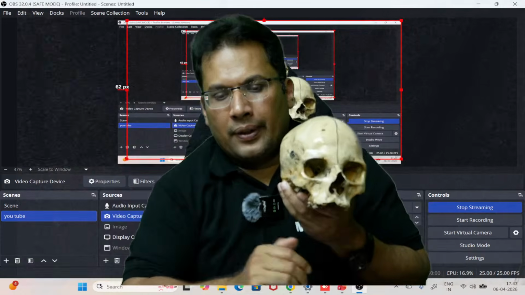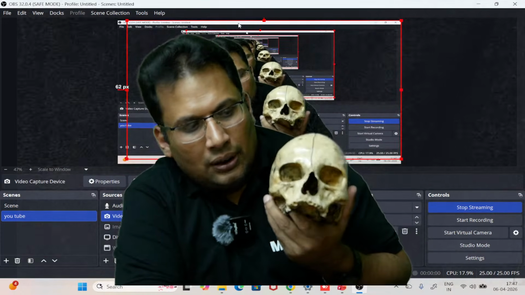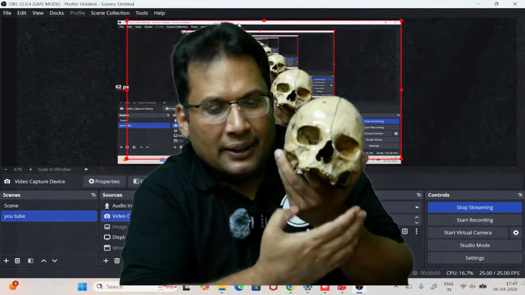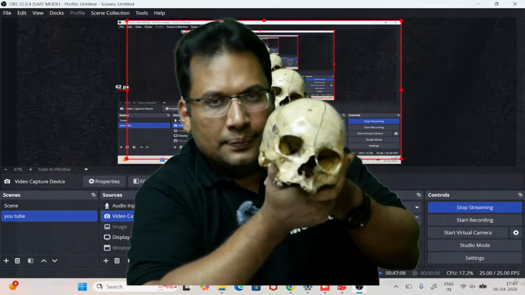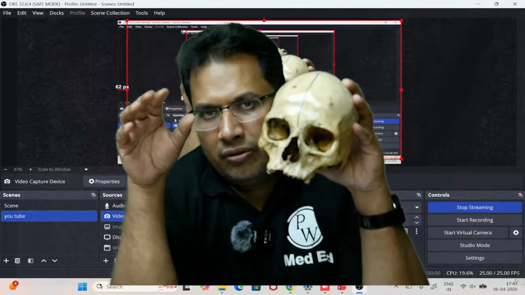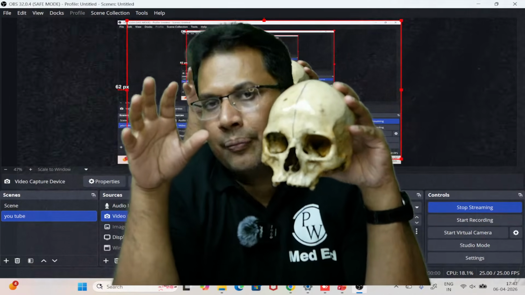The question is, how to identify species in skeletal remains? Say for example, this is a real bone, a real skull that is found in the crime scene.